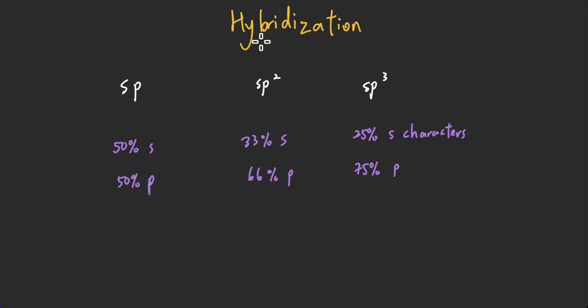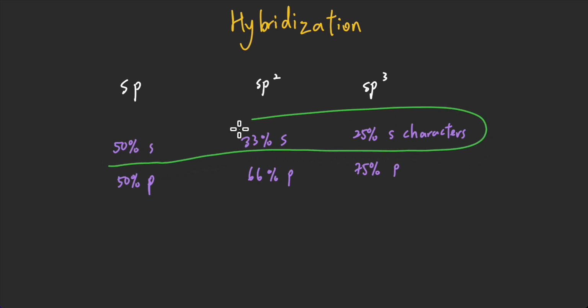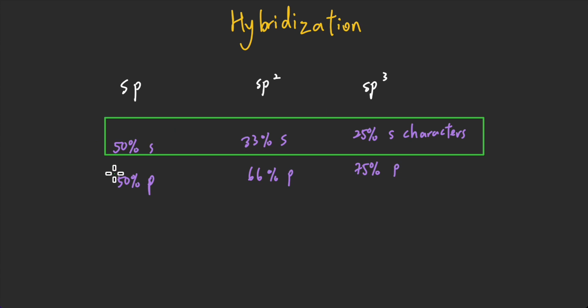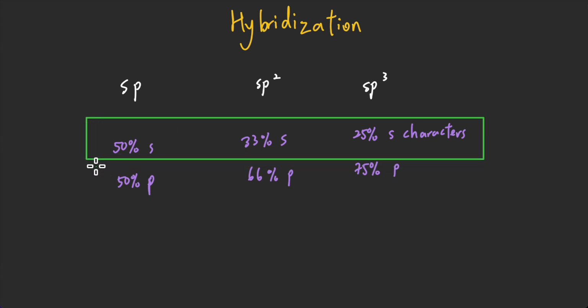So we want to compare the s character in each of the different shapes. Along this trend, the s character is increasing while the p character is decreasing. So we can say that sp is more stable than sp2, and sp2 is more stable than sp3.